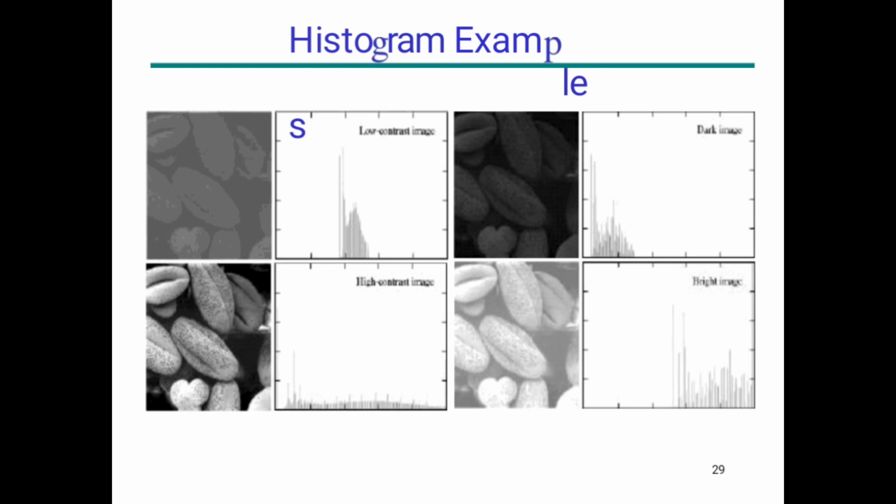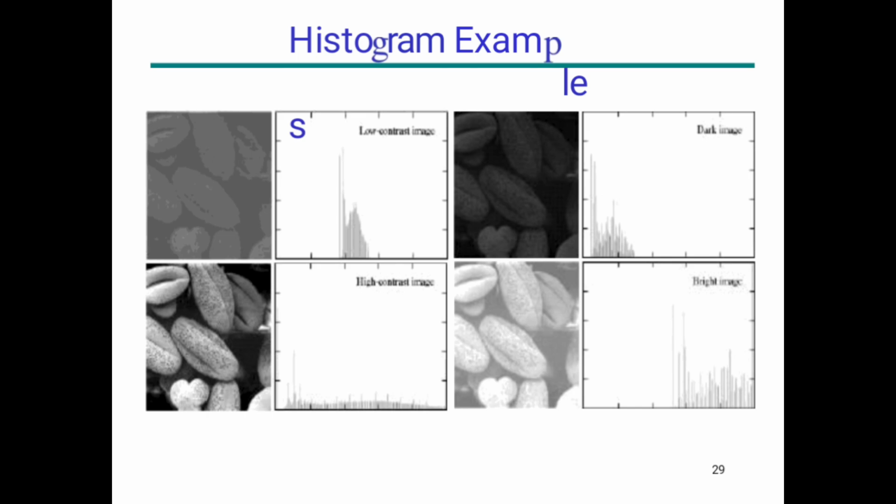We can see 4 figures in this image. First one is the low contrast image. For a low contrast image, the narrow width histogram shows a limited range of intensity values, as shown in the figure. Second one is the dark image, so the histogram is shifted to the left as shown in the figure.